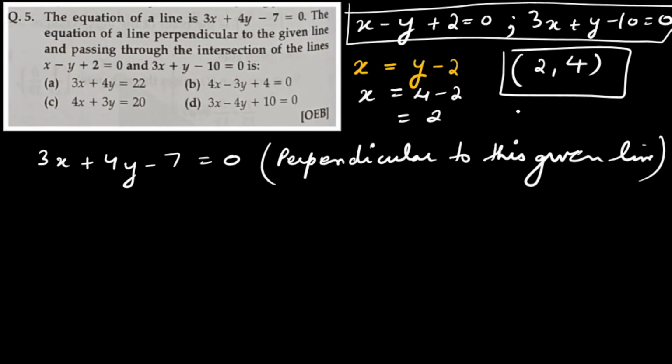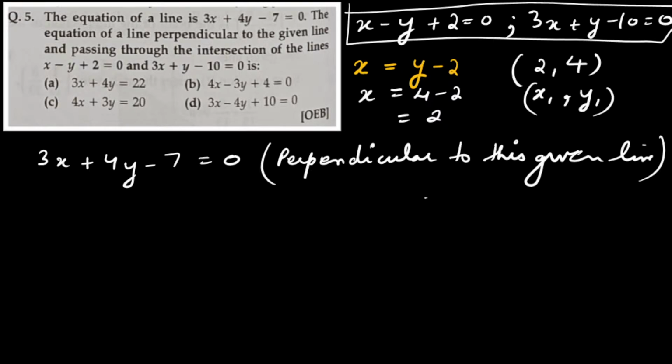The point of intersection we can consider as (x1, y1). Now we got x1, y1. Whenever coordinates are given to us, we have to use the point form of the equation.